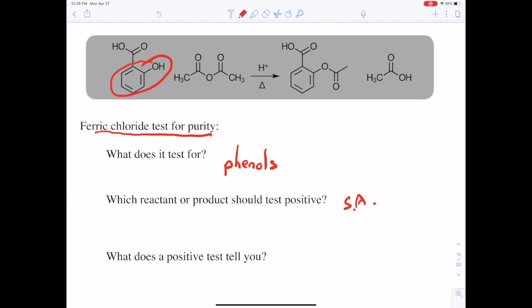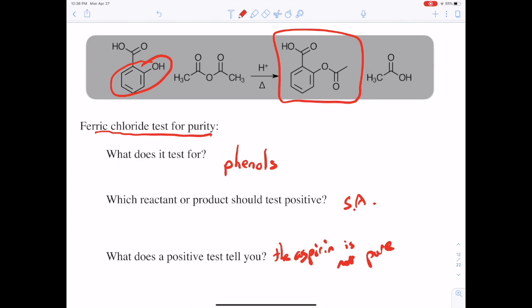So what does a positive test tell you? Well, the aspirin is not pure. So if you've synthesized aspirin and you do a ferric chloride test, if it's pure aspirin, you should not get a positive test because there should be no phenol. If you do get a positive test, then there's some of the starting material, the salicylic acid there.